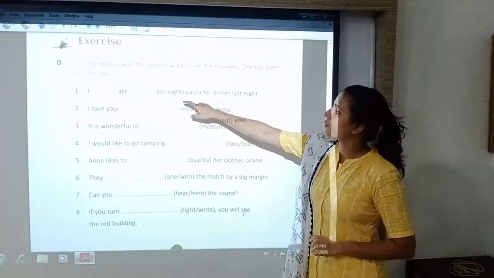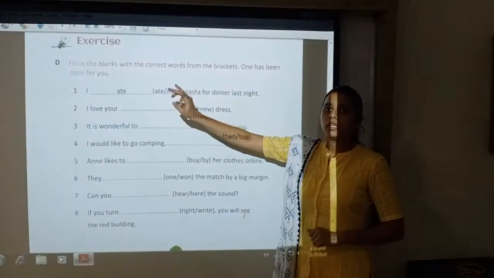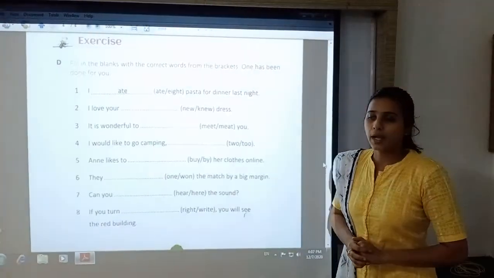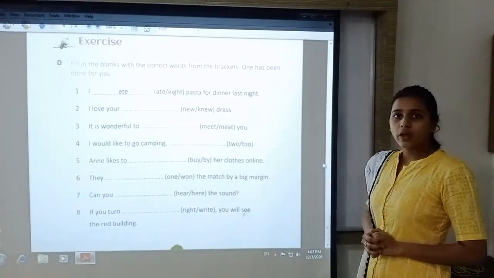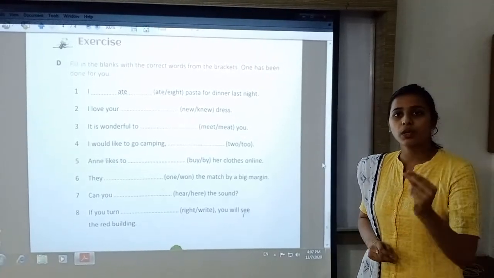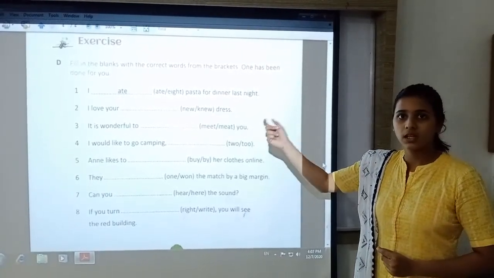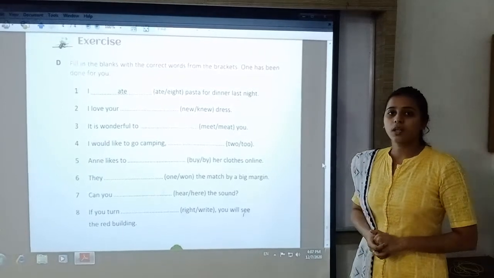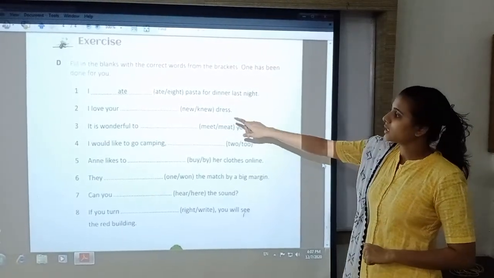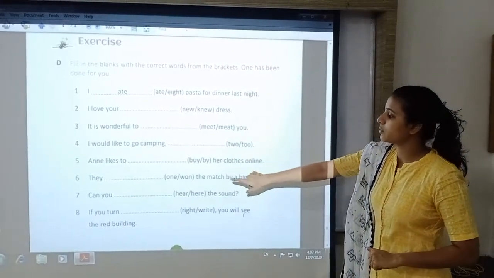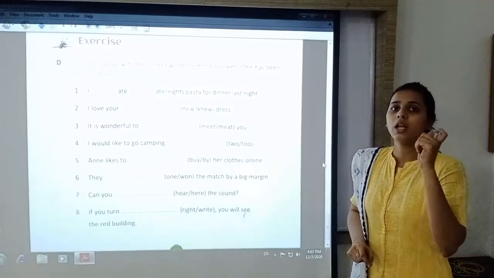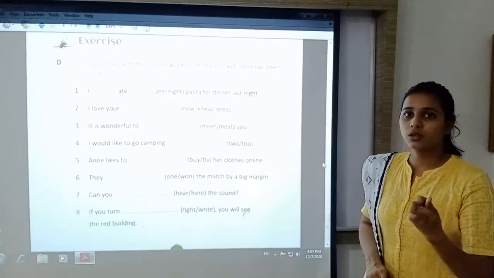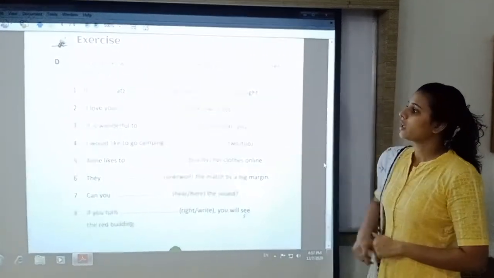So that word will be suitable here, that we will put in this blank. So in this way you have to choose the appropriate word from the options with suitable meaning. All these words are homophones, but you have to choose the correct word with its meaning suitable to the sentence.